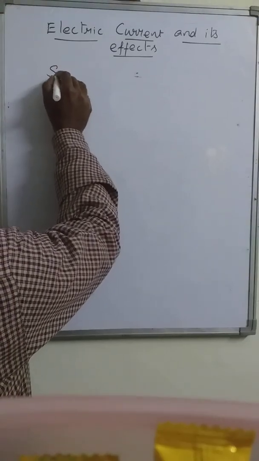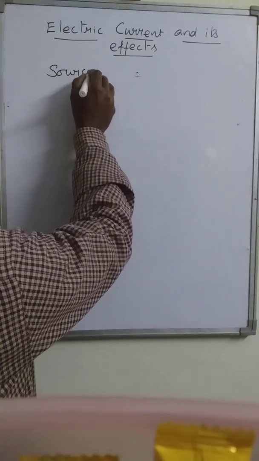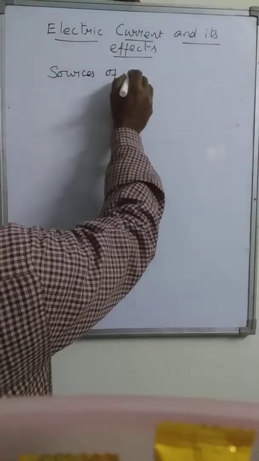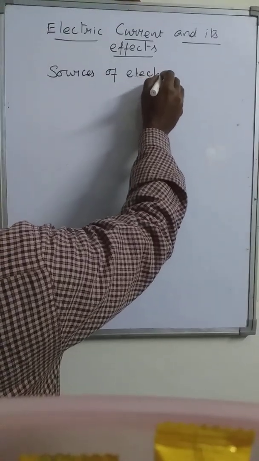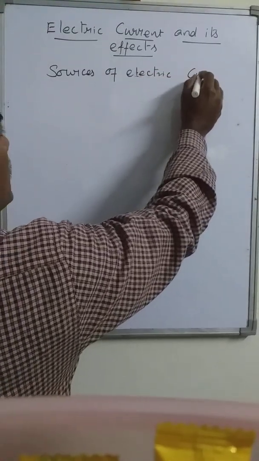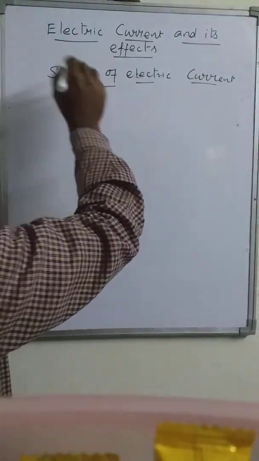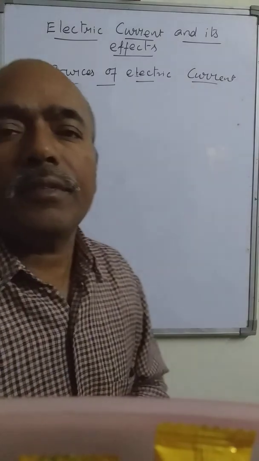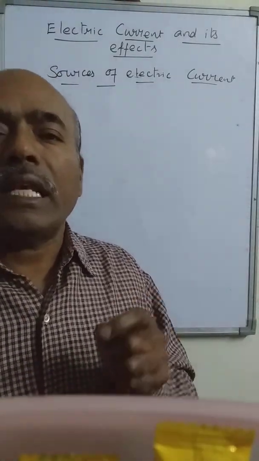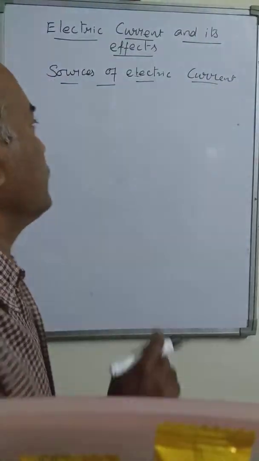We have so many sources of electric current, but here we have the source cell or battery.